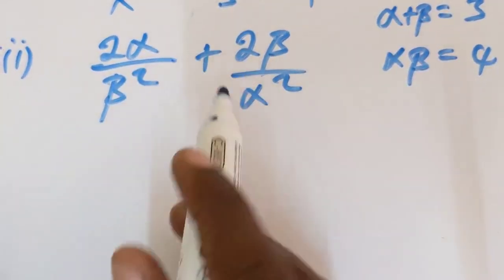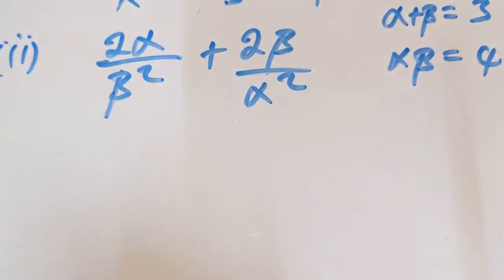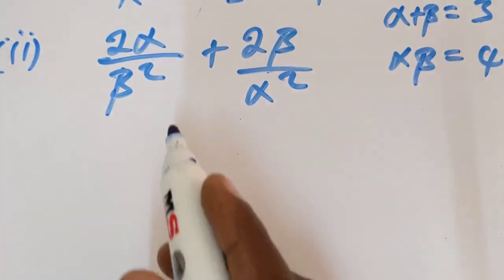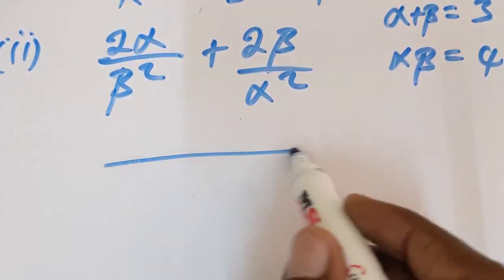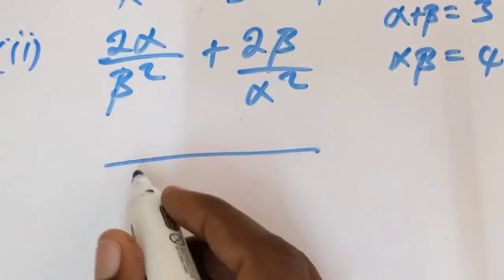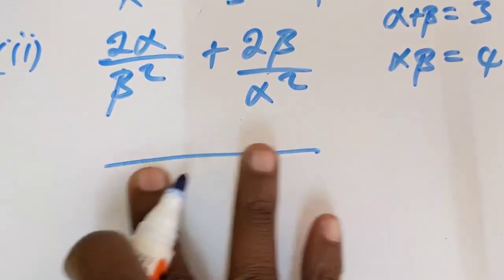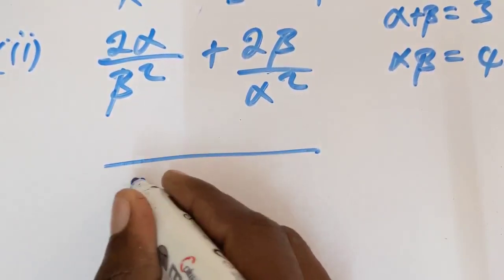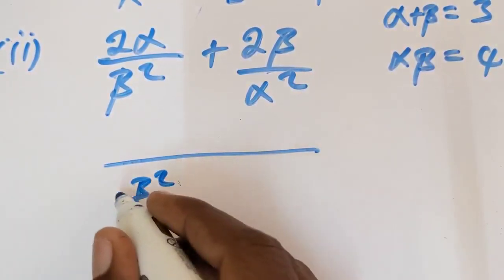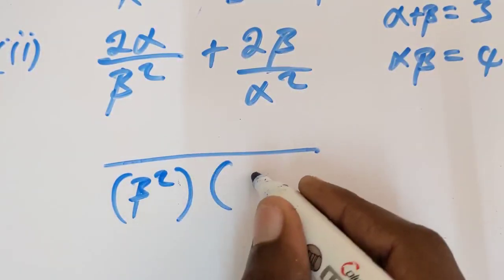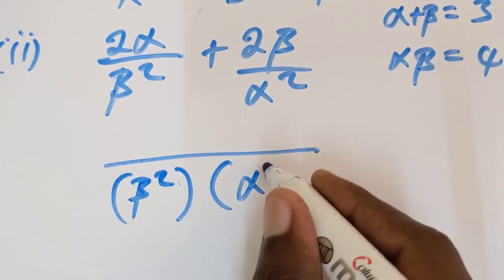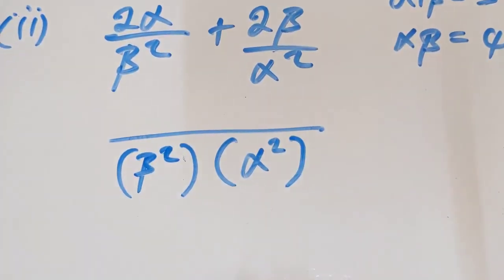If you look at this one, this is just a fraction, and you need to find the common denominator. The common denominator is alpha to the power 2, beta to the power 2, like that. These are the common denominators that we have.